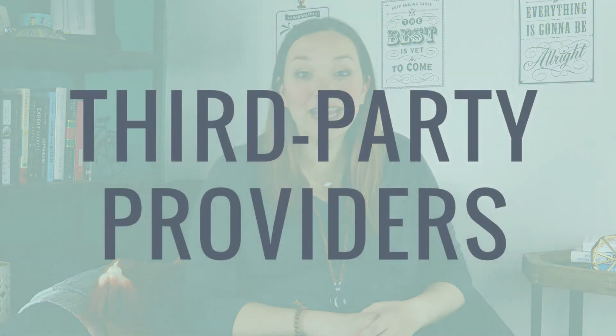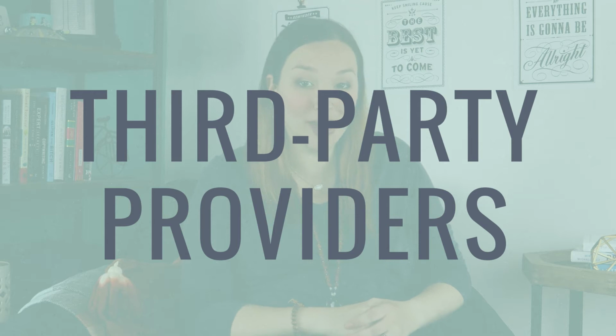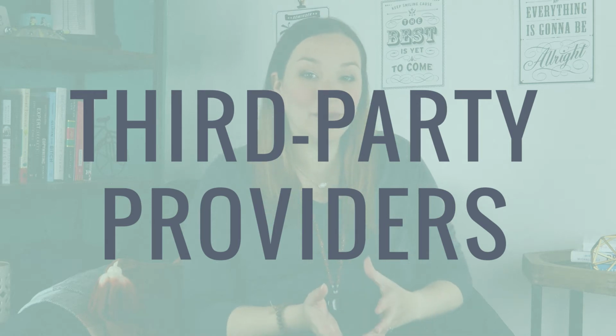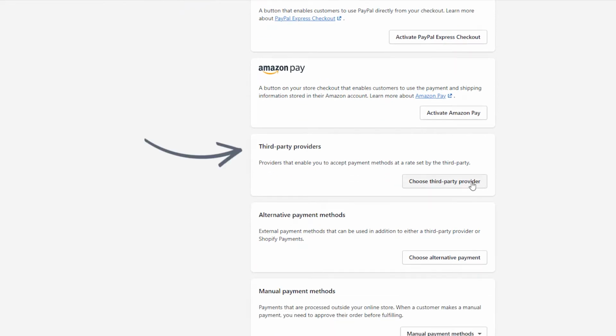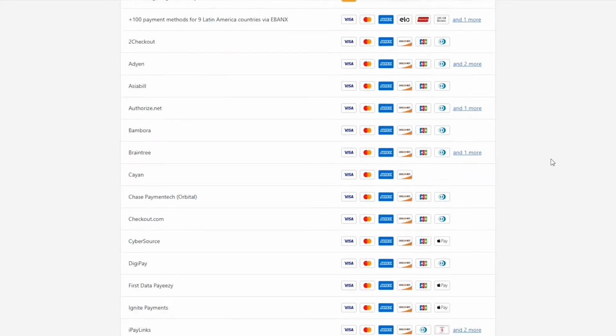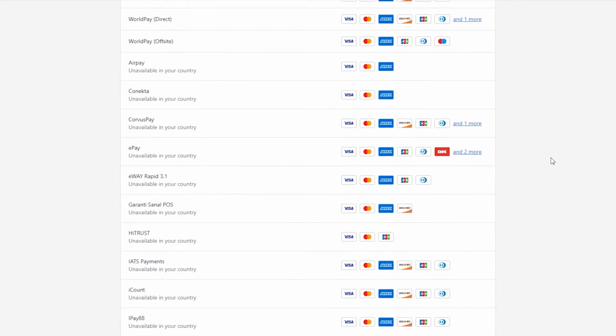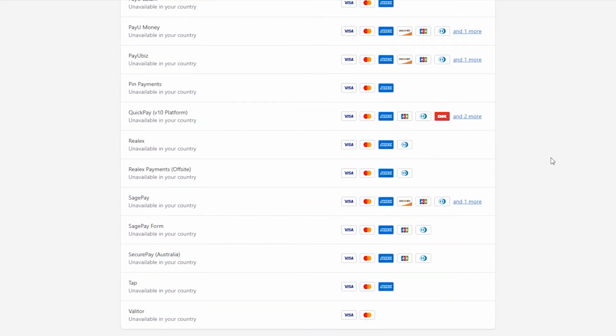So first off, there are a lot of different third-party providers. You can go into the Shopify backend and see the huge list of different third-party providers there. And they all have their own different transaction fees and rates. So again, you may want to go with a specific third-party provider based on your location or your industry.